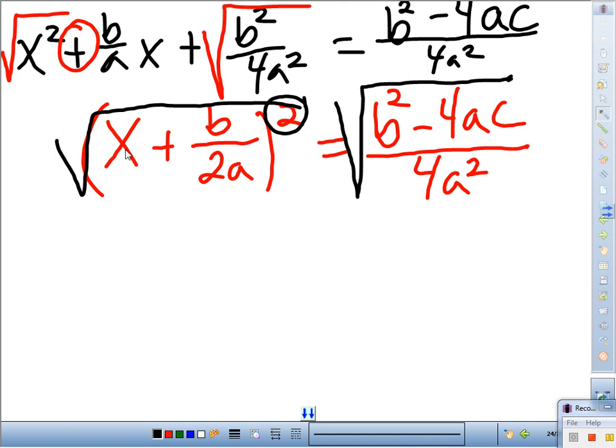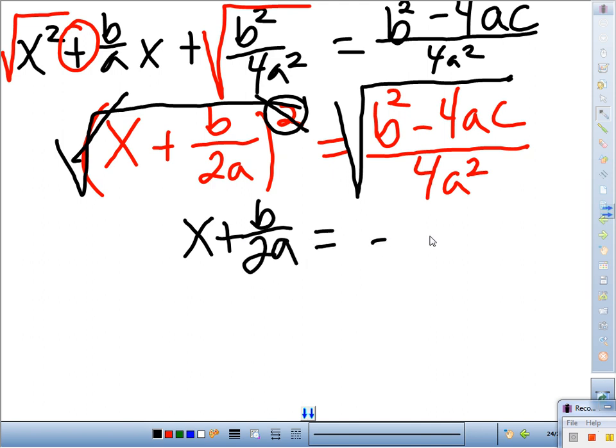Just paying attention, writing utensils down. Here it goes. This cancels this. What do we have left? X plus b over 2a equals. Let's start with the denominator. What is 4a squared taking the square root? 2a. But we have a dilemma for the numerator because we have a negative 4. Is there such a thing as a negative square root? No. We can't take square roots of negative numbers, which means I cannot take the square root of the numerator.